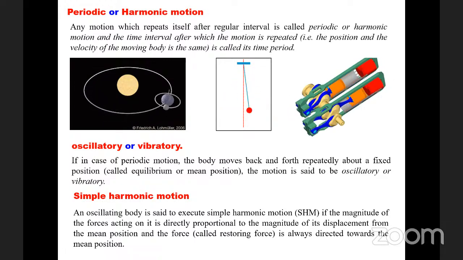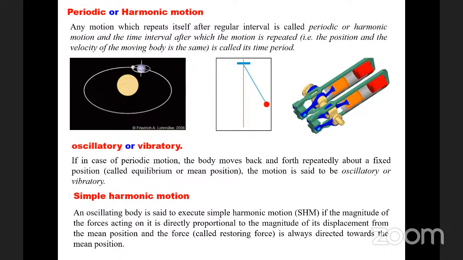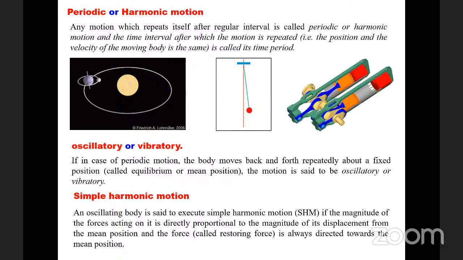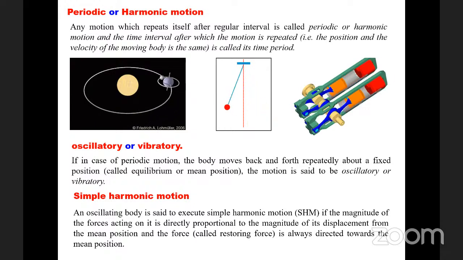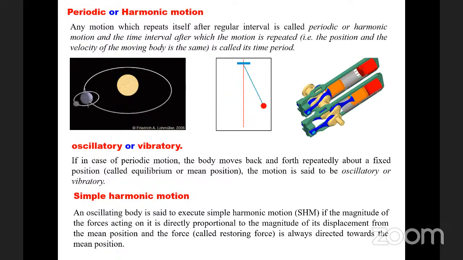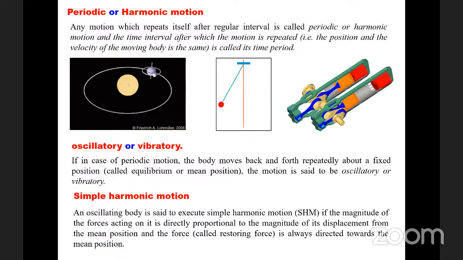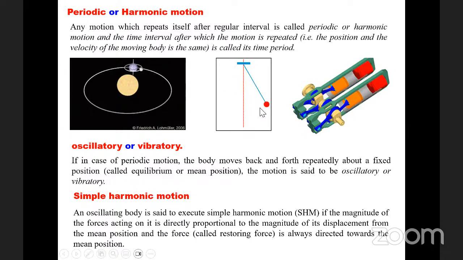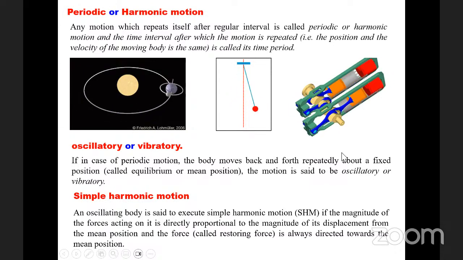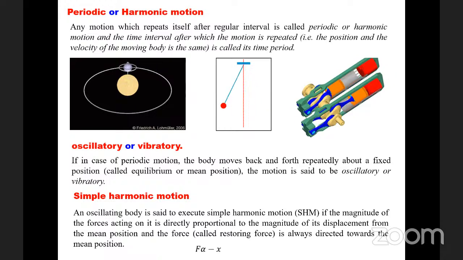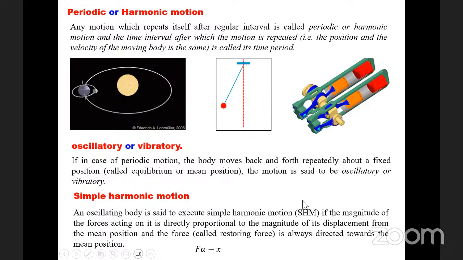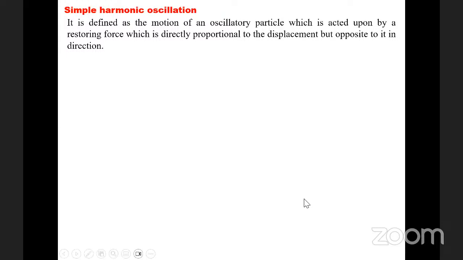When it reaches the maximum position, it tries to get back to its equilibrium, original position. So the force acts in the opposite direction. That force is a restoring force, which is always directed towards the mean position. That is called F is proportional to minus x.